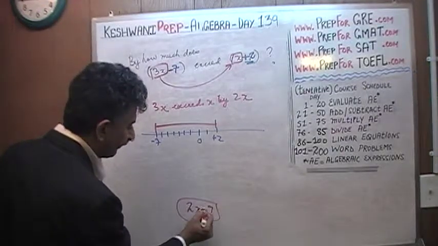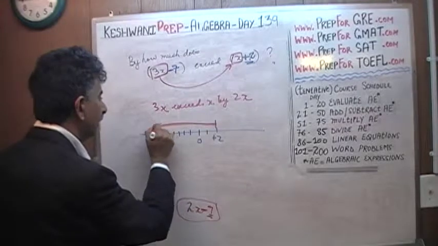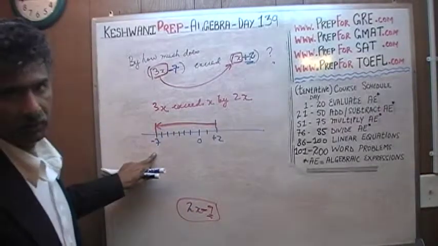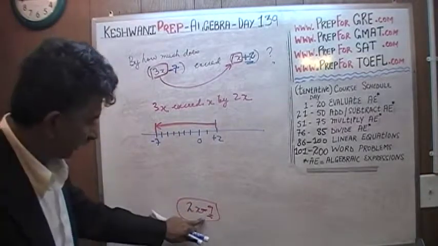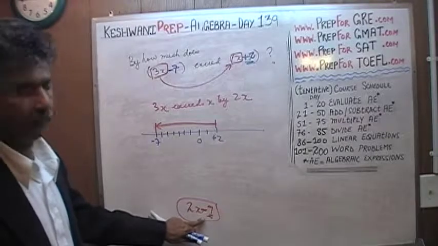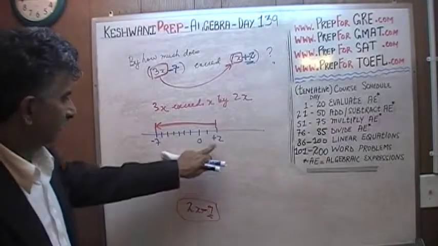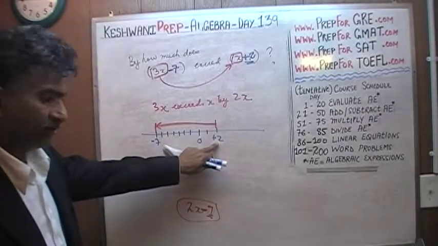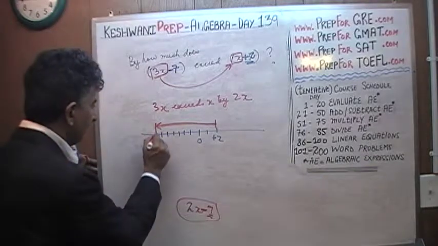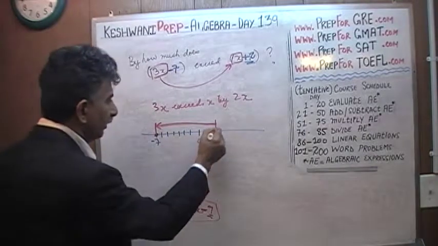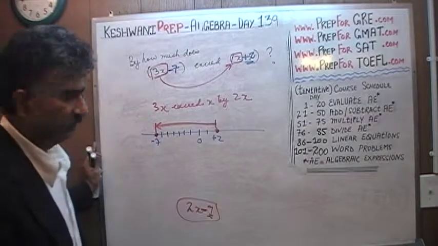And this negative tells me that we are going this way. We are in the negative territory. That's what the negative 9 is for. Exceed simply means what's the distance from negative 7 to 2. There you go, if you want to think of it this way.